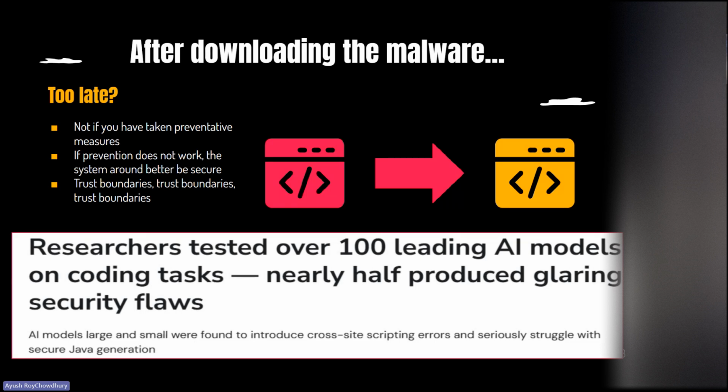But if those don't exist within your organization, then definitely this is a risk, because as you see in the headline below, researchers tested over 100 leading AI models on coding tasks, and about half of them produced glaring security flaws. These security flaws included cross-site scripting errors. So having preventative measures and trust boundaries within any AI system is super, super important.